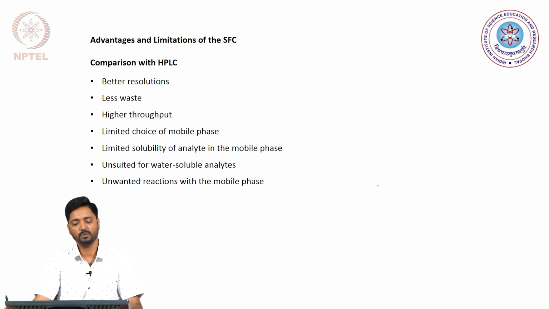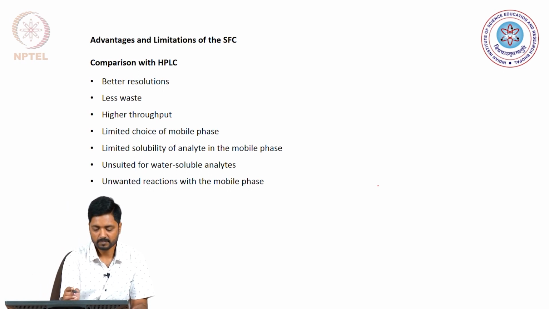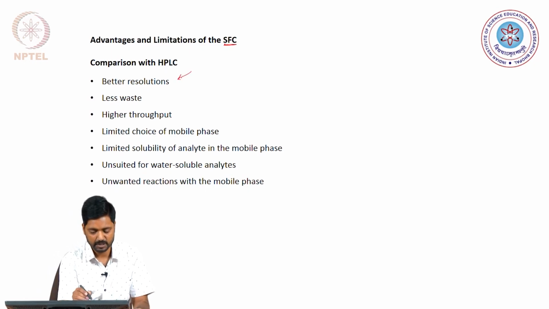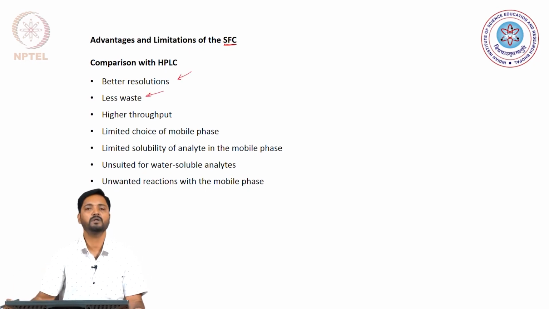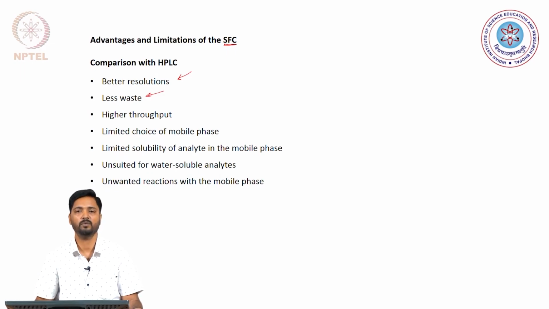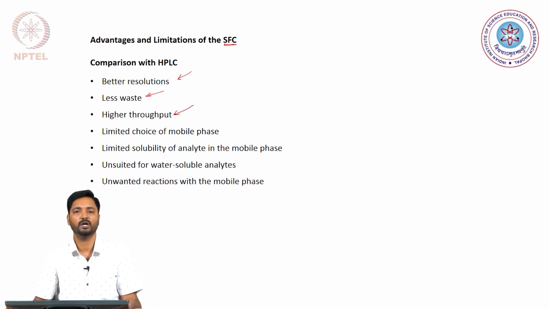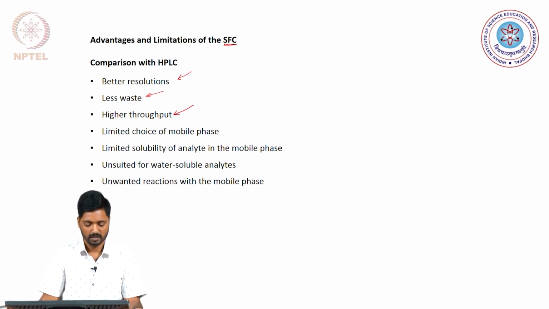So, compared to HPLC, the supercritical fluid chromatography, which is abbreviated as SFC, results in better resolutions and less waste, because another advantage with regards to the supercritical fluids is that one can convert them from the supercritical phase to a gaseous phase by change of temperature and pressure. They also result in higher throughputs because the flow rates are much higher.